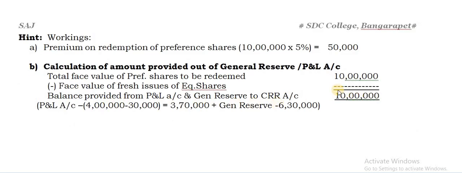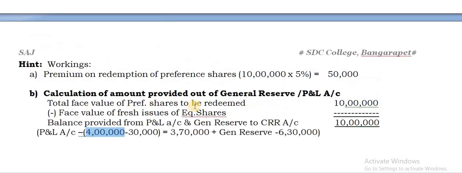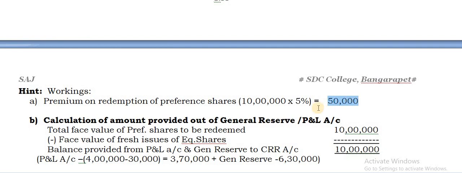So here I have given you the working note. The total face value of the redeemable preference shares to be redeemed is 10 lakhs. In that there is no fresh issue of preference shares given here. Therefore, the entire 10 lakhs will be provided only out of the divisible profits. Take the profit and loss account, 4 lakhs minus 30,000. Right, from that 30,000 you have to provide 50,000 for premium.